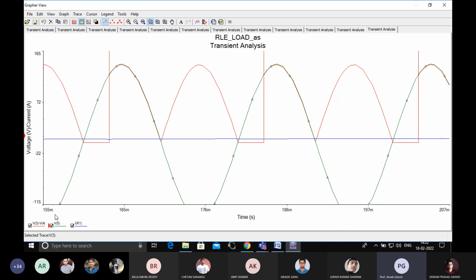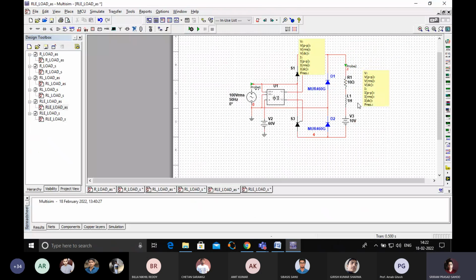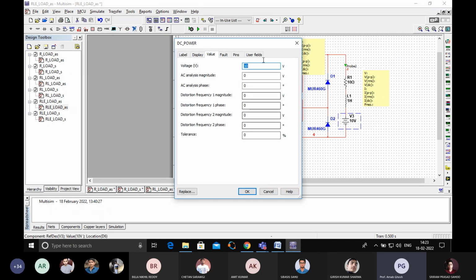But what is your E value? 40. 10 volt I have set, sir. 10 volt. Let's make that voltage more. Make it 80.